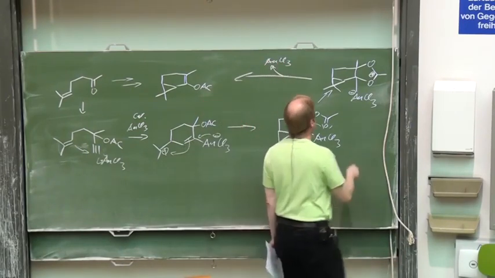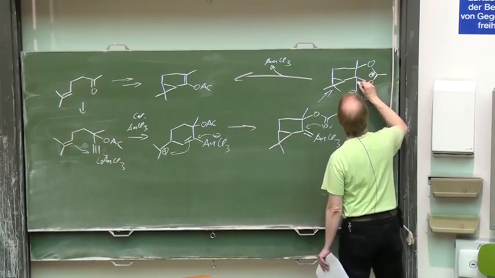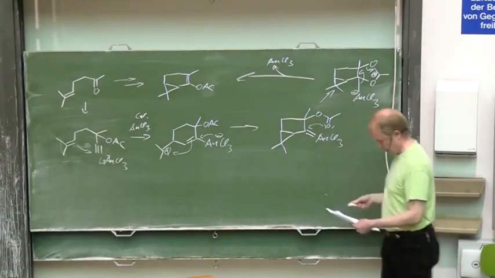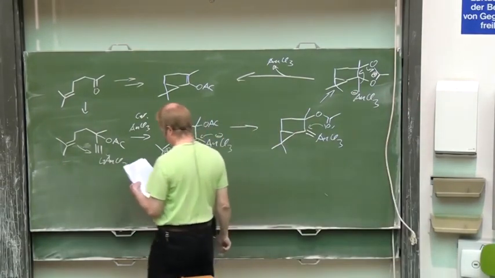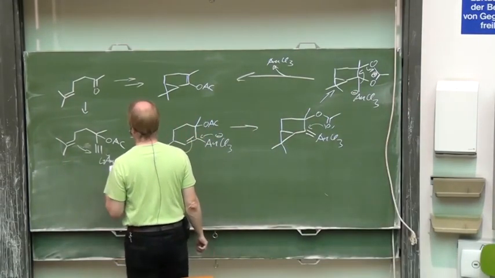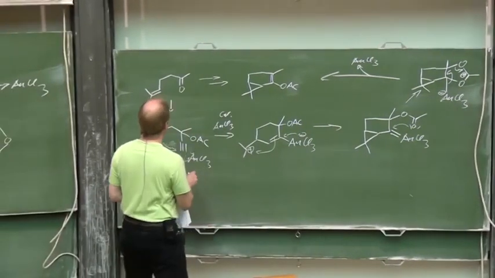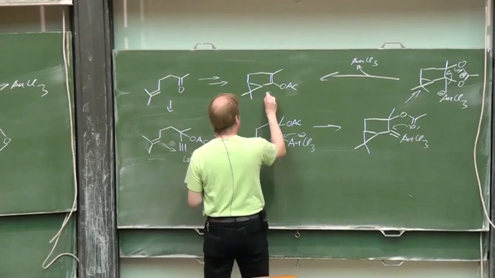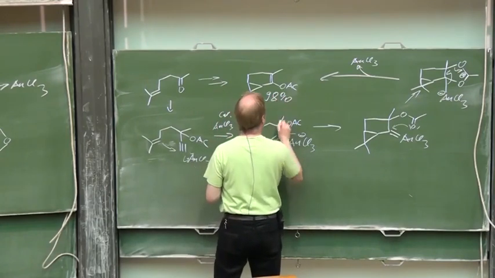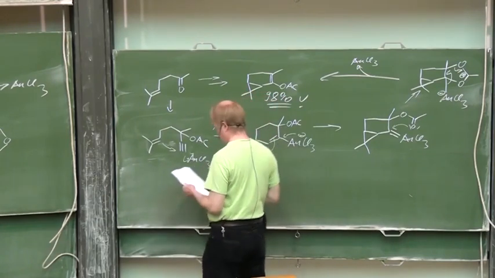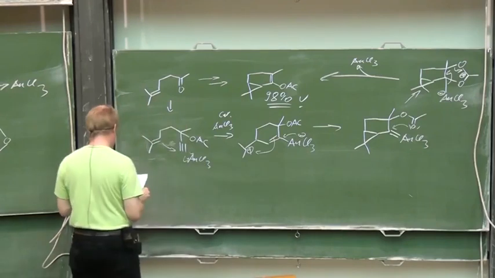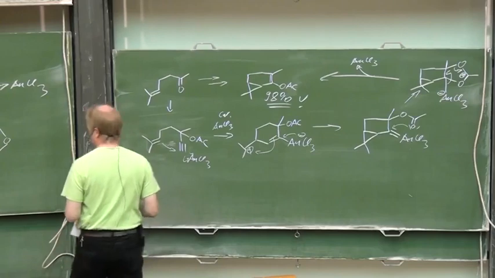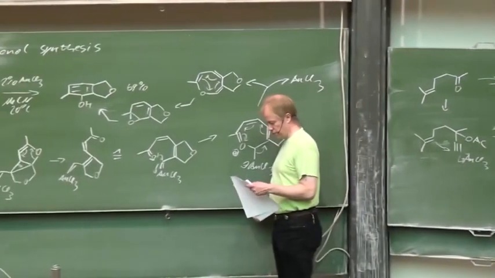Gold 3 chloride is eliminated, and that's it. So the yield from here to there is an astonishing 89%. Okay, marvelous reaction. You certainly agree to that.